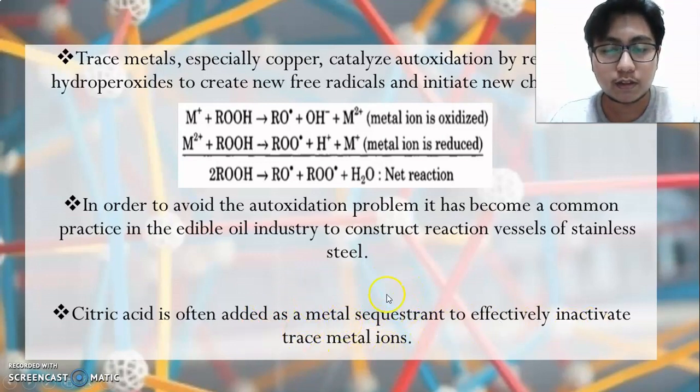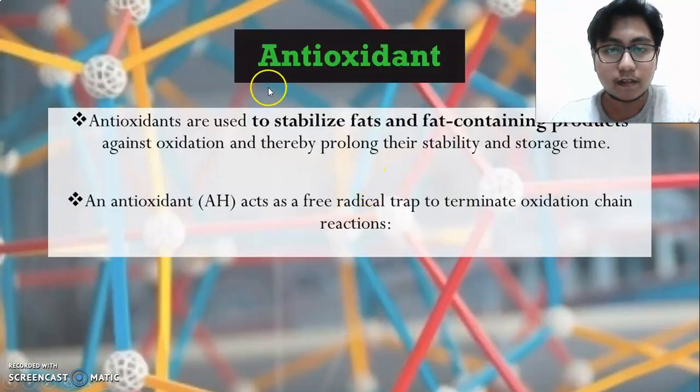So a metal sequestrant is actually a substance that can bind with the metal ions, or in this case trace metal ions, and prevent them from interrupting the reaction.